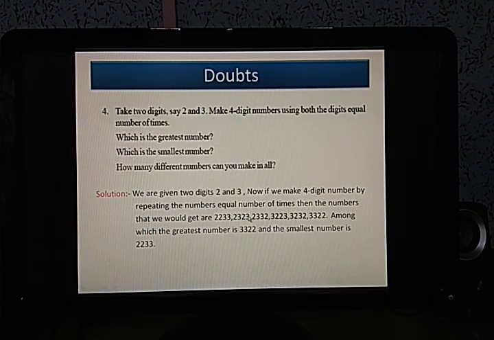Then I have changed the position, shifting the digits. In this way we can get 6 such 4-digit numbers by keeping the number of 2s and 3s the same. So the greatest number will be 3,322 and the smallest number will be 2,233. So I hope this is clear to you now.